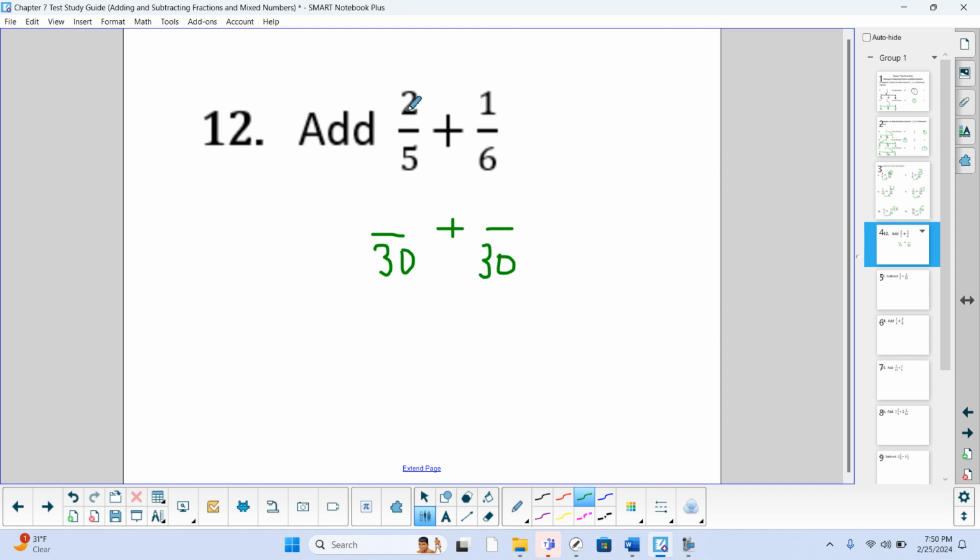So 2 times 6 is 12. What am I multiplying 6 by to get to 30? I'm multiplying by 5. So I would take the numerator, multiply that by 5, and I get 5/30. So 12/30 and 5/30 is equal to 17/30.